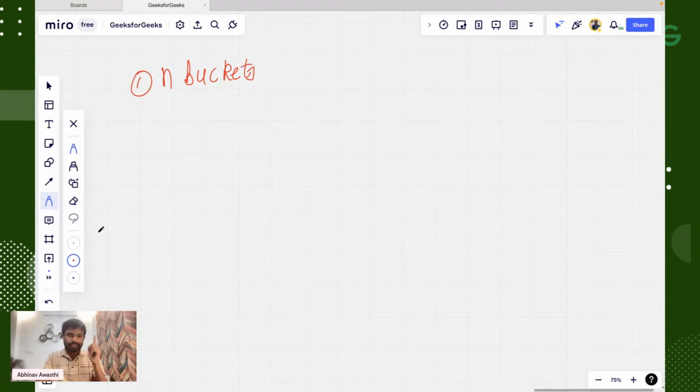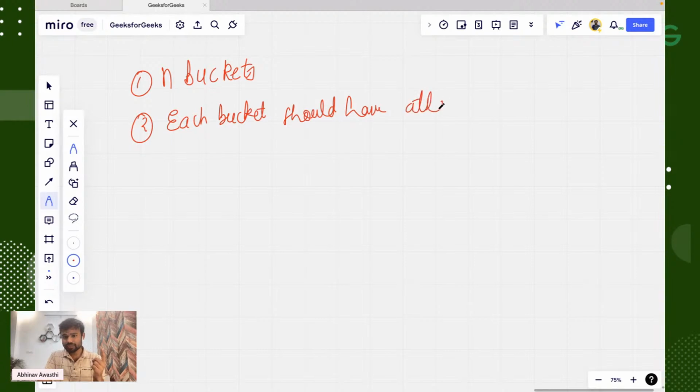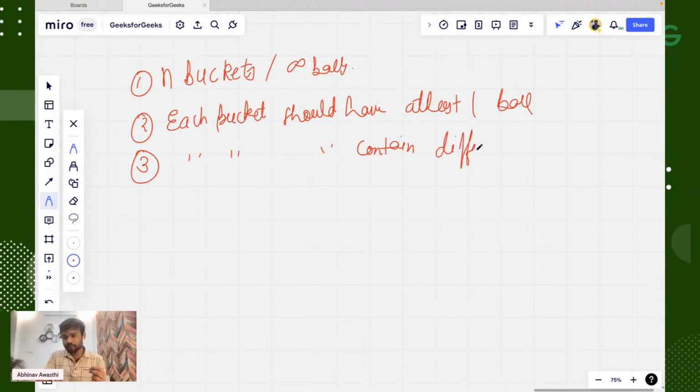The second thing is each bucket should have at least one ball, and we have infinite balls. The third thing is that each bucket should contain a distinct number of balls than the other buckets. Is the problem clear?